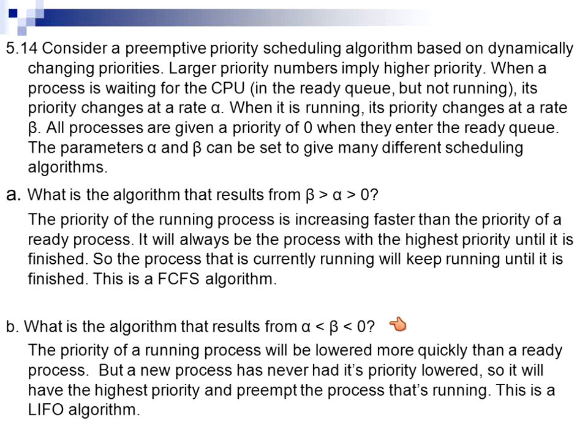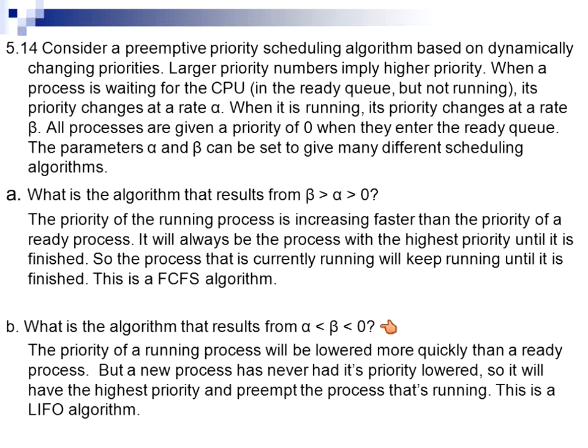The next question was kind of the opposite. Now it's saying that alpha is less than beta, and they're both less than 0. Okay, so now they're going to be decreasing the priorities. So the highest priority they get is 0, and then it'll be decreasing. Now the priority of a running process is going to be lowered more quickly than a ready process.